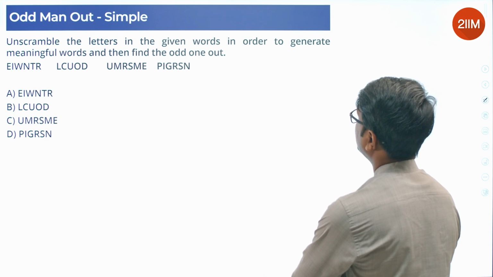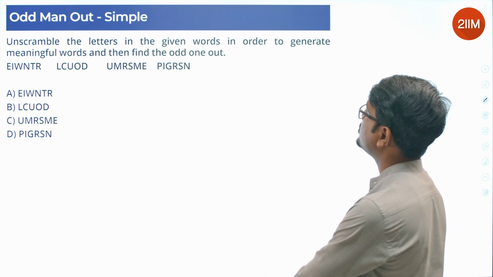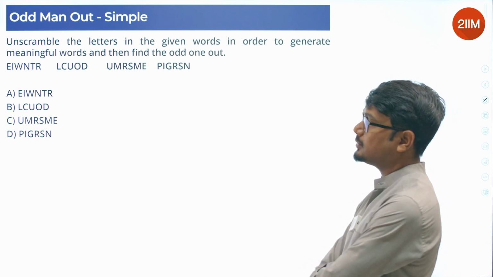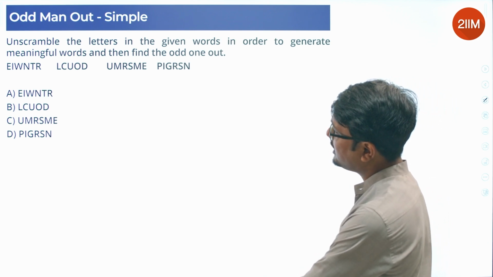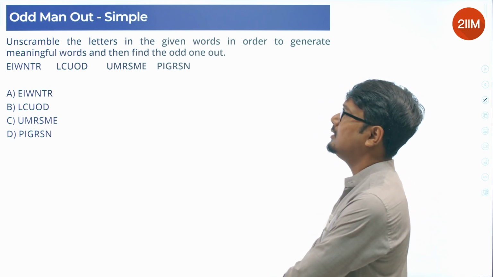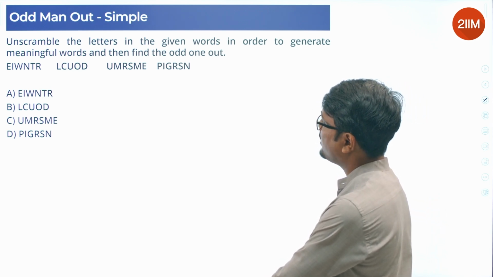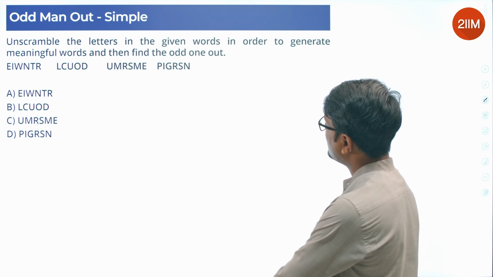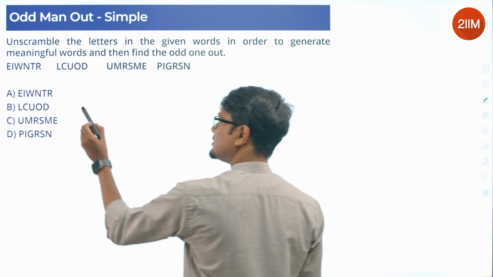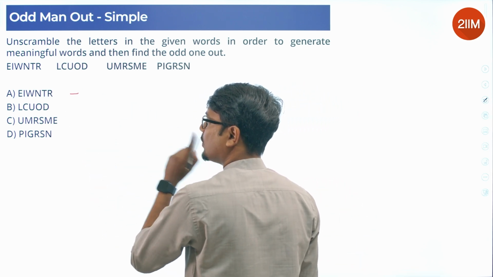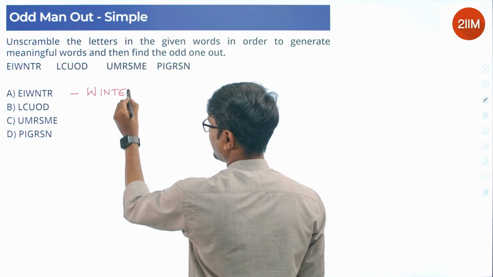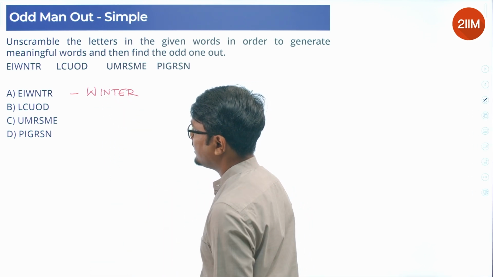Another odd man out. Unscramble the letters in the given words in order to generate meaningful words and then find the odd one out. Okay. So EIWNTR, LCOUD, UMRSMEPIGRSN. Okay. So let me check with this. It looks like winter. WINTER.